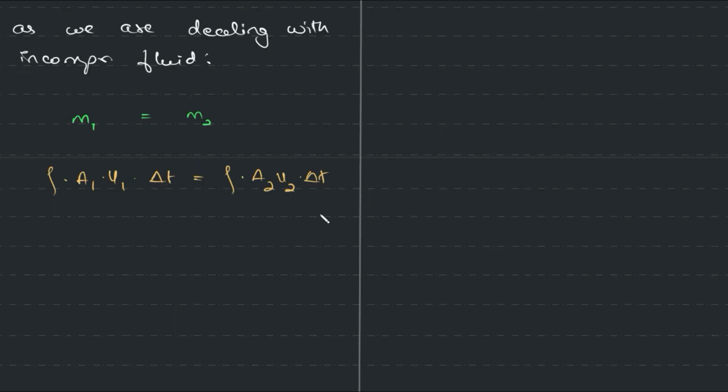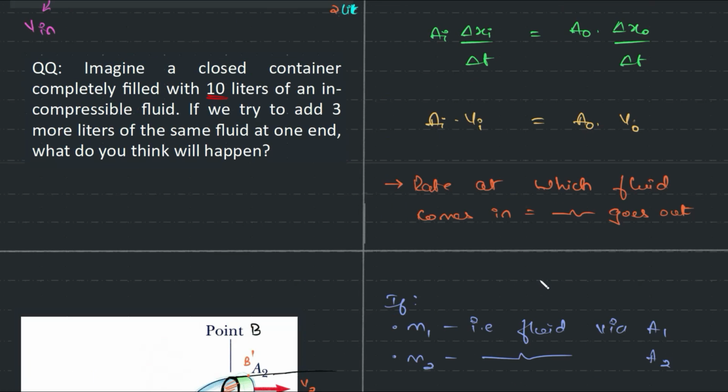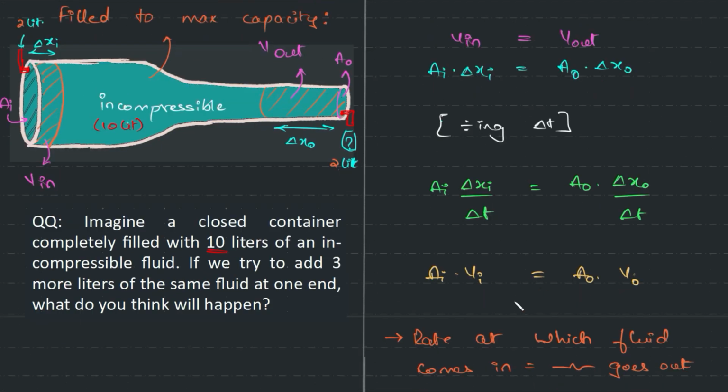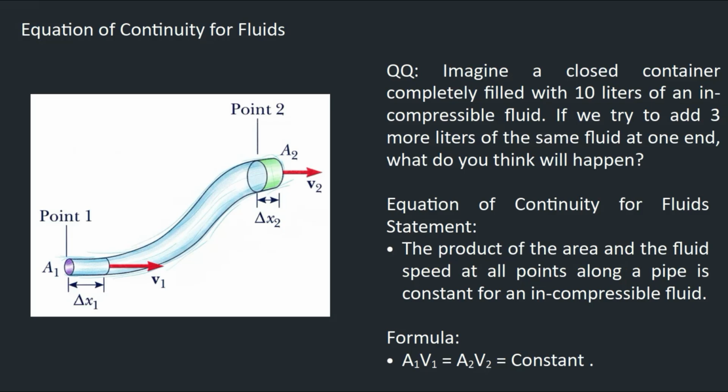It has to be. I mean, we just discussed that at the start. Delta T and rho will get cancelled. We have A1 V1 is equal to A2 V2. And that's that.